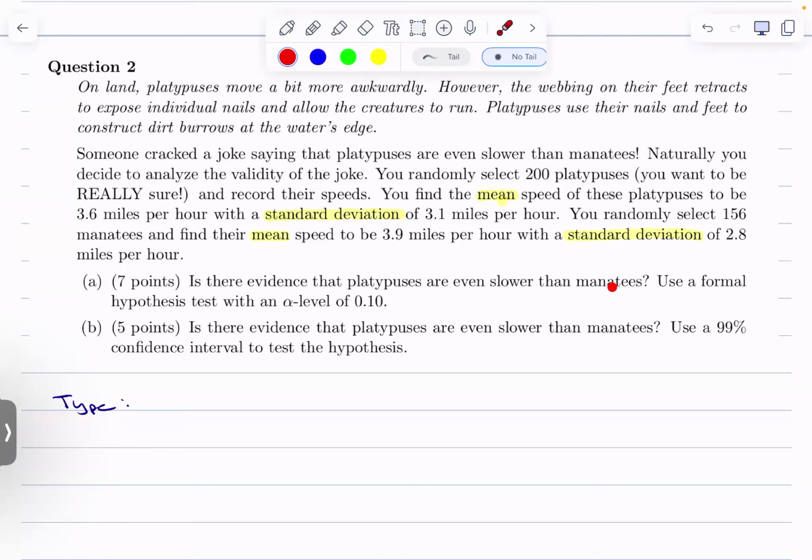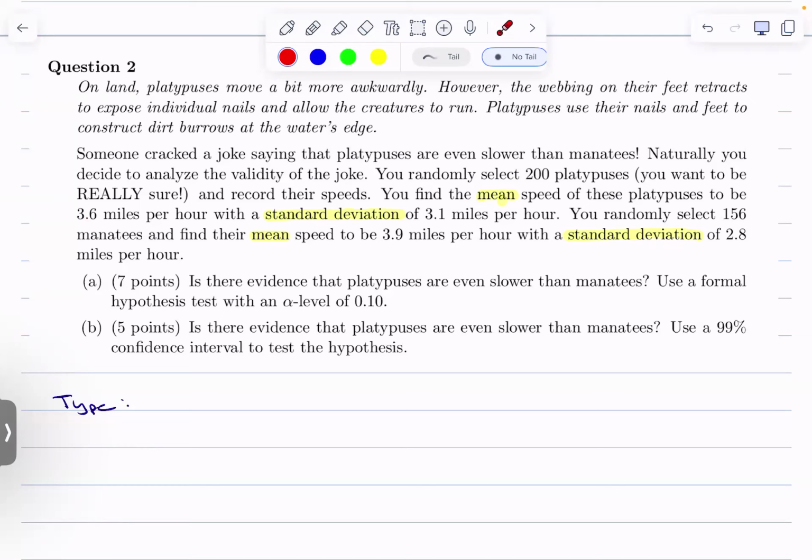Platypuses on average 3.6 miles per hour, manatees on average 3.9 miles per hour. Now 3.6 is less than 3.9, but we want to know if it's significantly less. So that's what this question is asking.